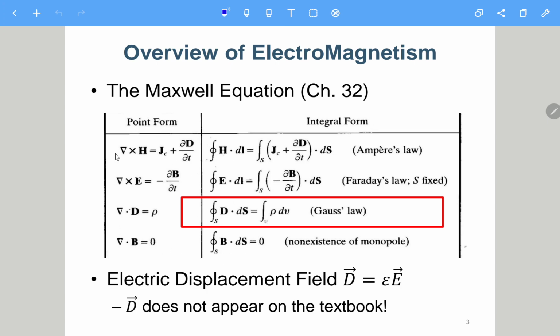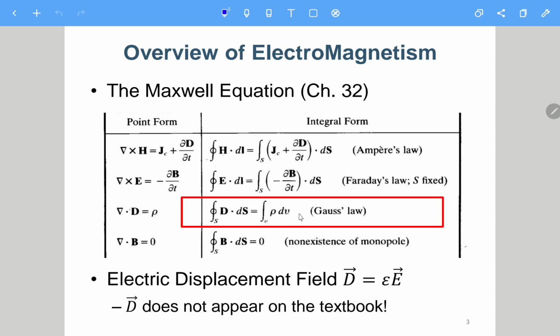Of course, in the textbook you can see notation like H and also D. D may occur in, I'm not really sure, maybe chapter 25, but for different textbooks the notation might be different, so it doesn't really matter.